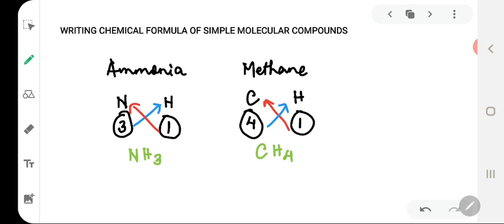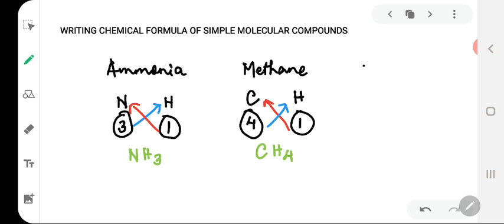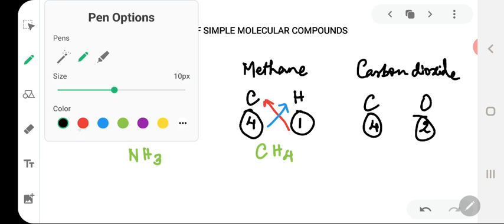Now writing down once again for another compound, carbon dioxide. Carbon dioxide has got carbon and oxygen. Valency of carbon is 4, valency of oxygen is 2. Now we have to do the crossover.